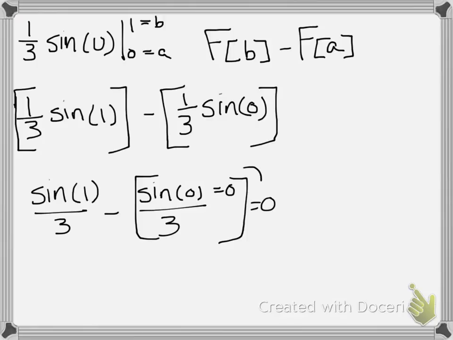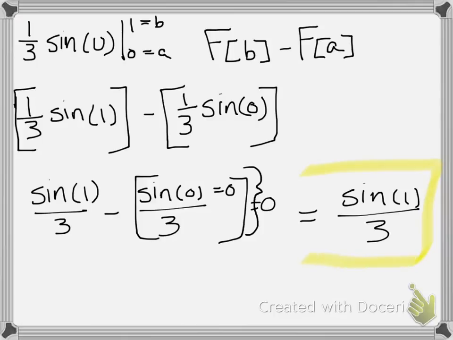So what's in the brackets is equal to 0. So sine of 1 over 3 minus 0 is just going to be sine of 1 over 3. That should be our answer. And we've found another one.